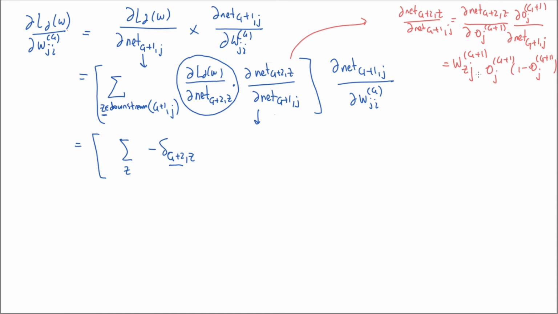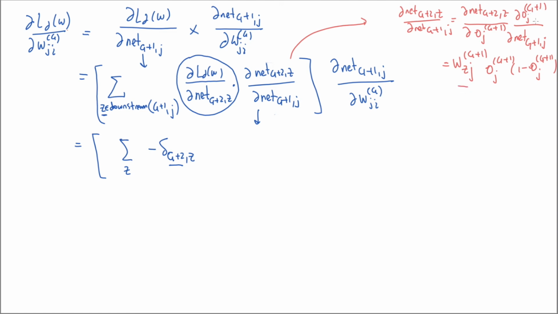Okay, and this is an identical calculation to what we did before in case 1, except that we're working on a middle layer. The derivative of net with respect to the output: net is the weighted sum of the outputs, so we just get the weight.